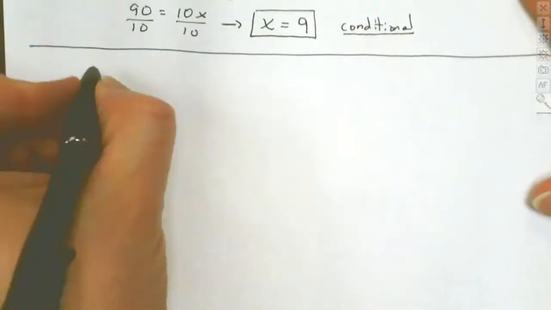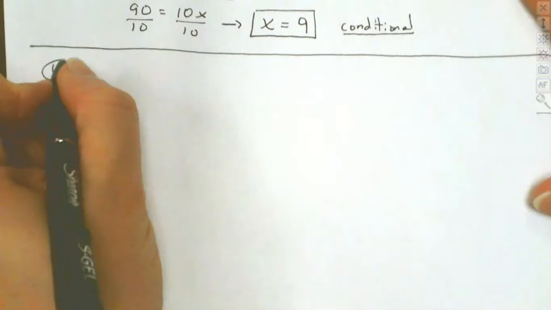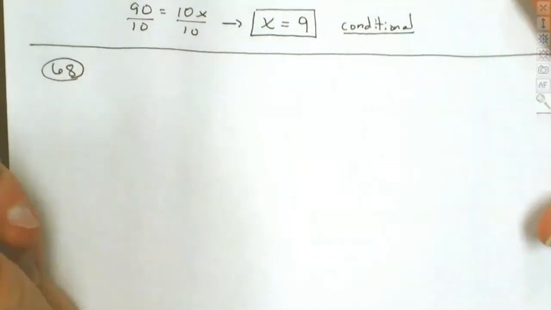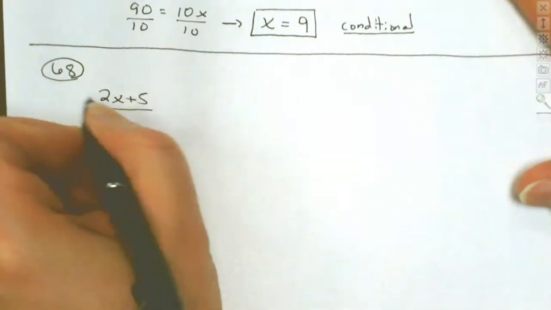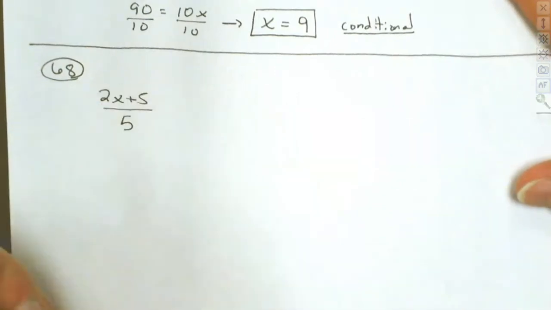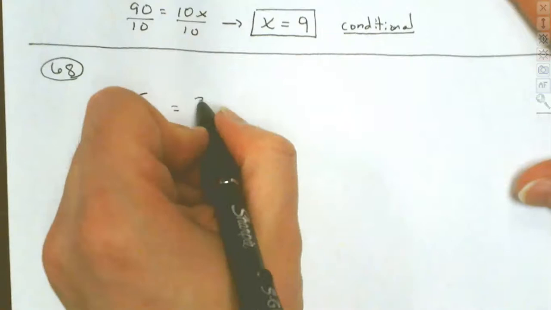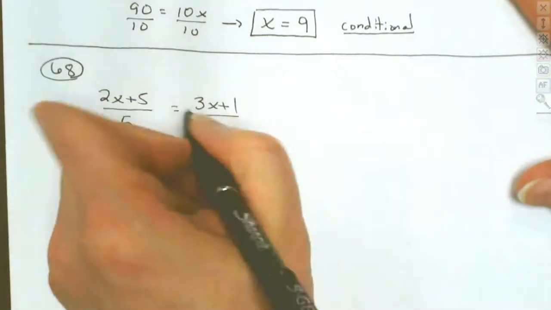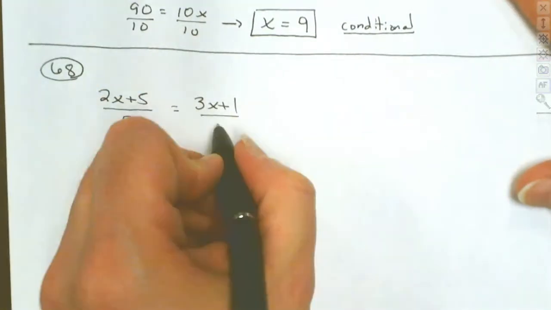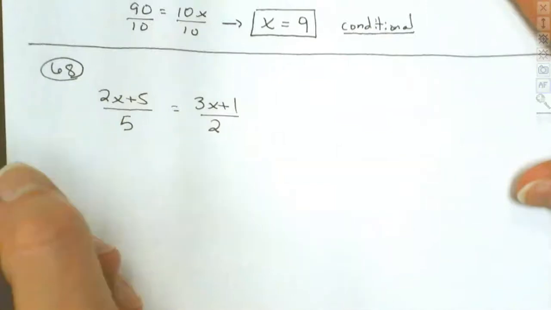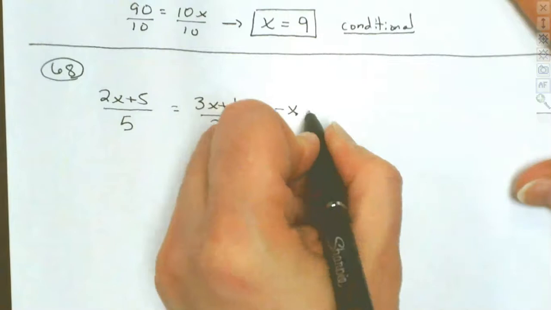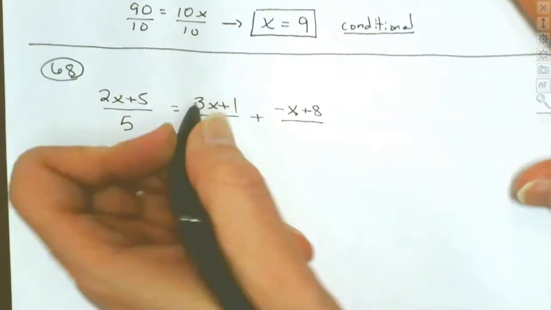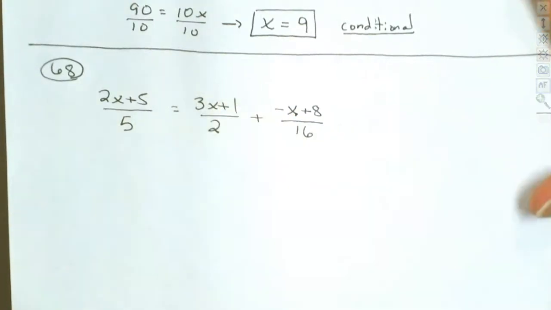And so question 68 here: (2x plus 5) over 5 equals (3x plus 1) over 2 plus (minus x plus 8) over 16.